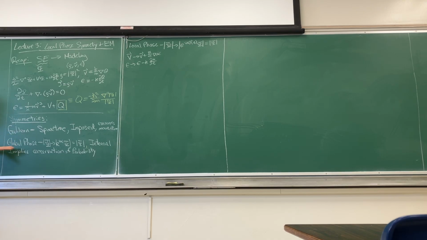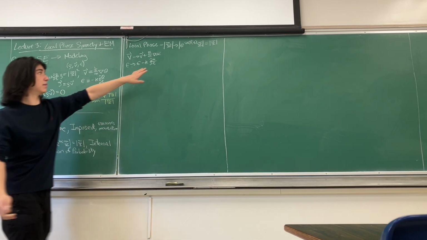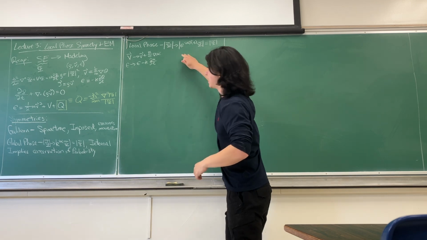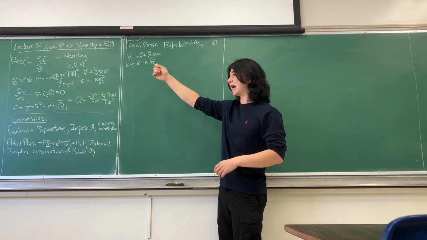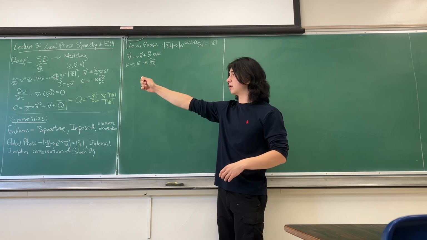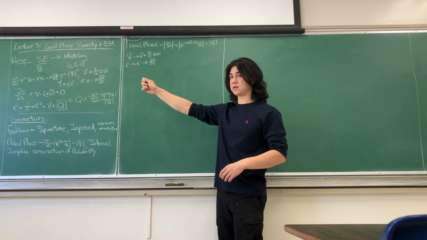Right? Phase symmetries are literally going to be redundancies. This is saying that for a global reference frame, you should be able to choose where your phase is pointing, or your zero reference of phase. All this is saying is, you should be able to choose at every single point in space and time where your phase zero is.